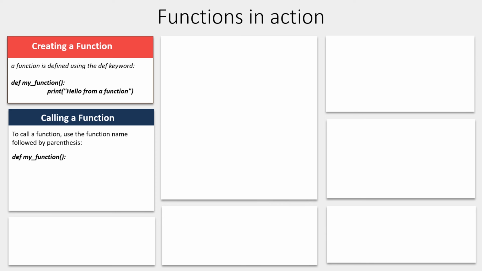The parentheses may optionally contain one or more object arguments to be passed to the names in the function's header. Now, when the function is called with no arguments, it returns the result hello from a function. This is what we coded in Python.